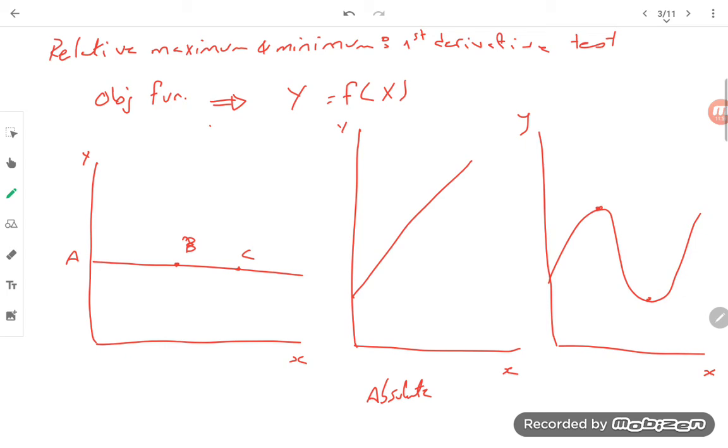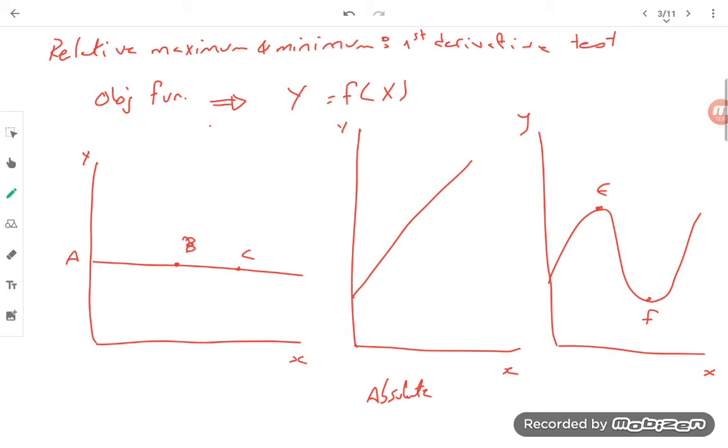In case number 3, we can find that there are two relative extreme points, point E and point F, where one of them is a minimum value and the other one is a maximum.